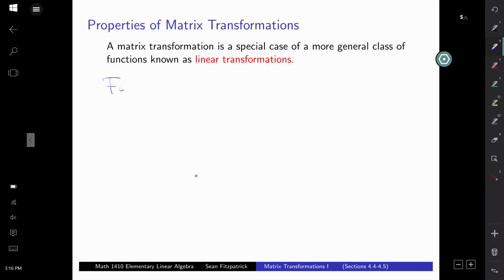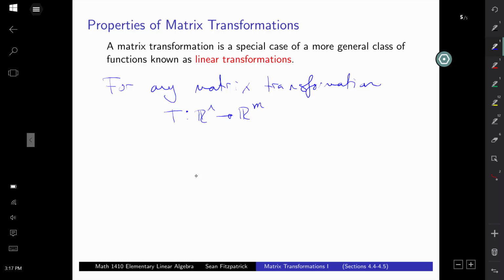So for any matrix transformation T from Rn to Rm.